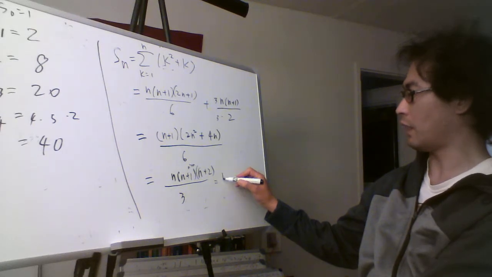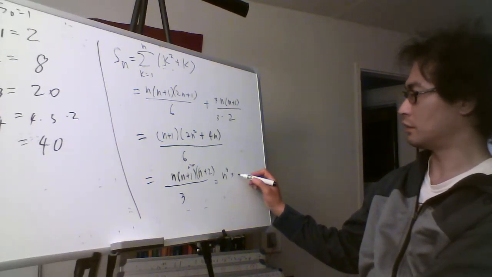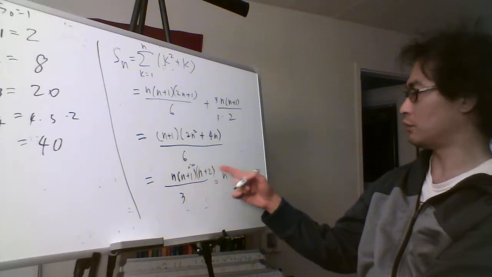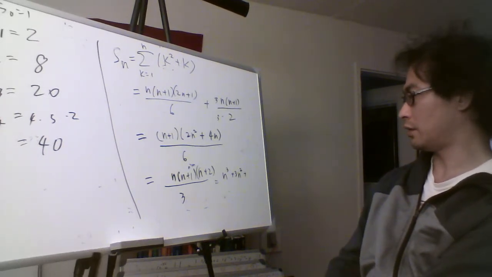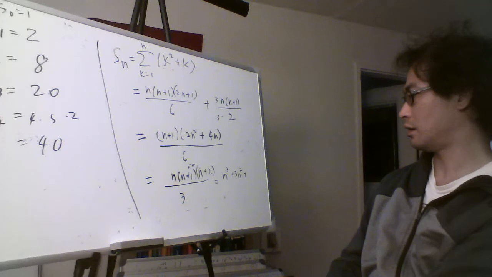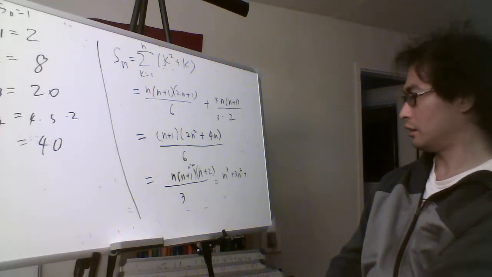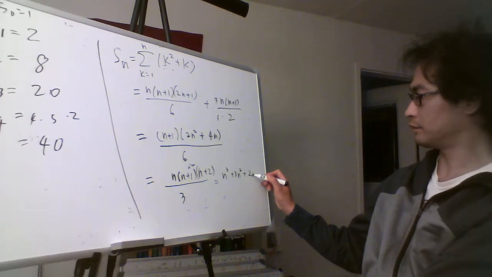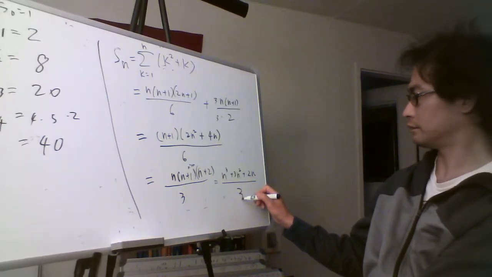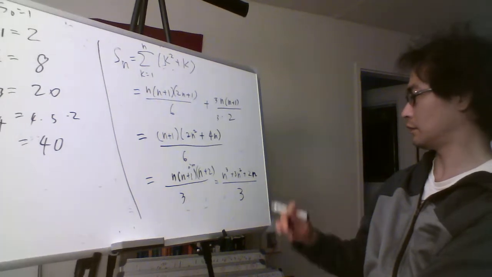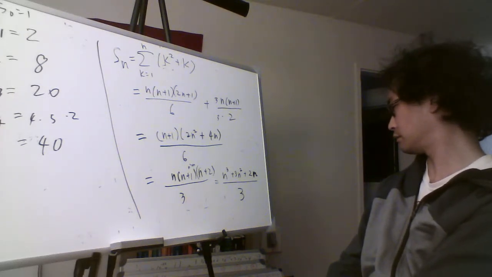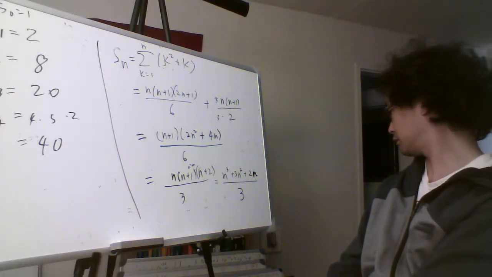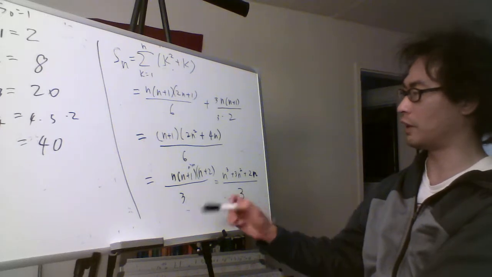So you have n cubed plus 2 plus 1, so 3n squared plus 2n, over 3. All right, we got the formula here.